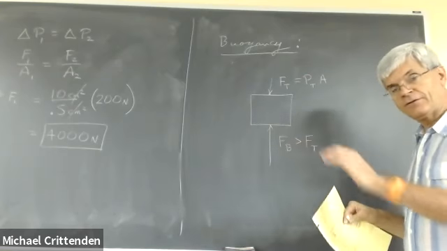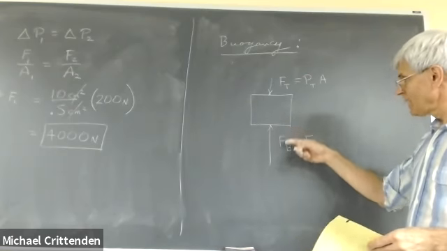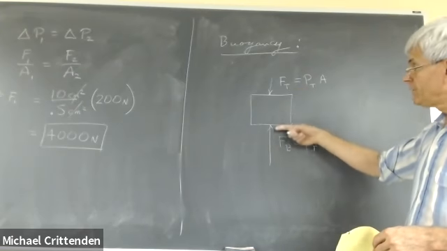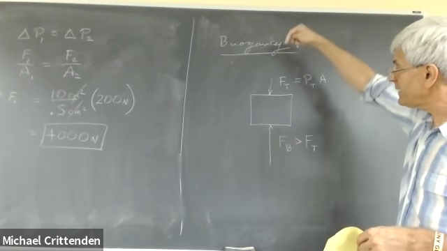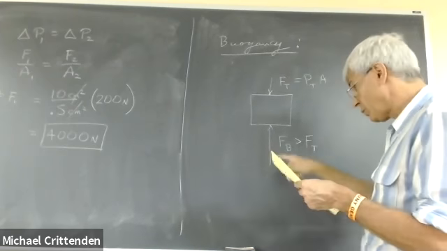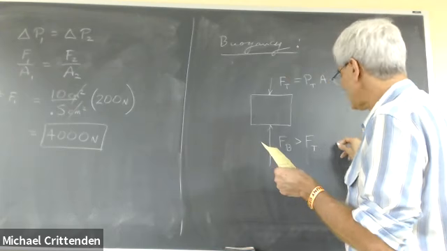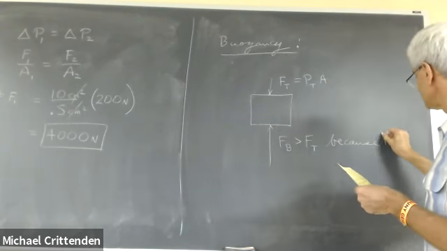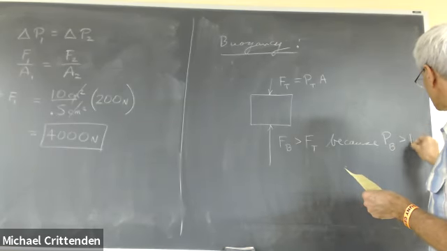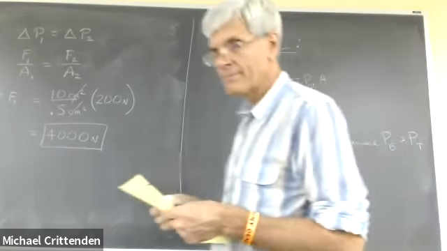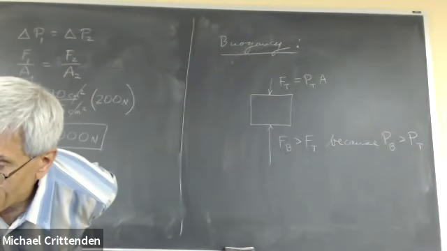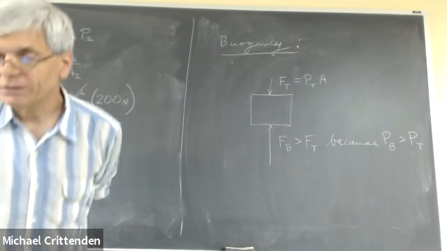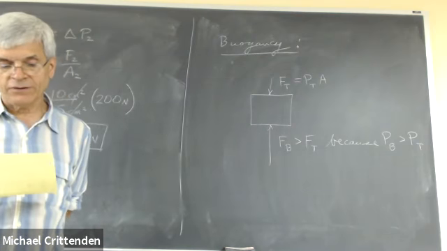Because pressure increases with depth, the pressure down here is more than the pressure up here, and therefore the force pushing up on the bottom is more than the force pushing down on the top. Force on the bottom is greater than the force on the top because the pressure on the bottom is greater than the pressure on the top, and that's where buoyant forces come from.